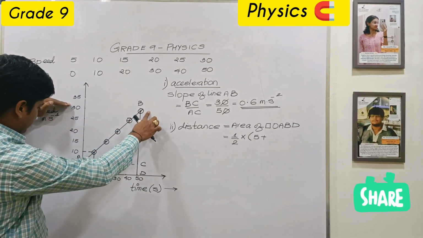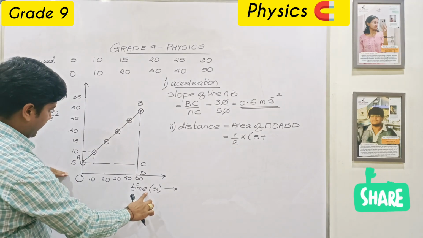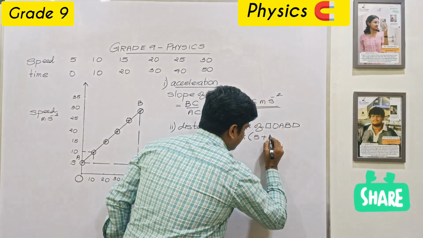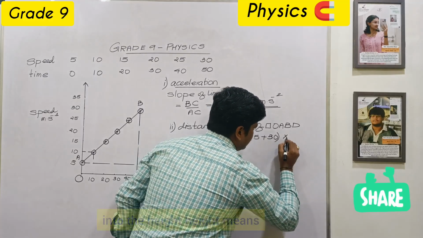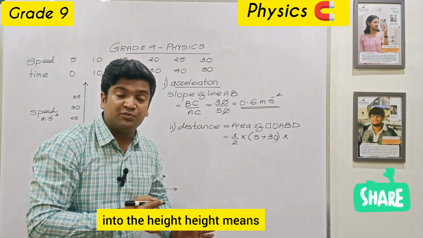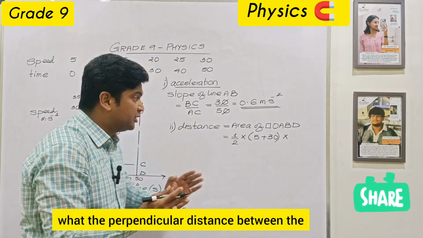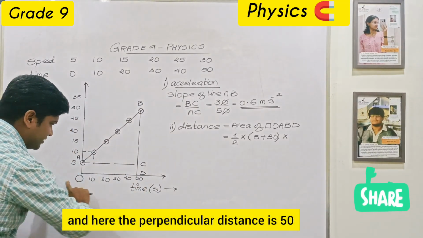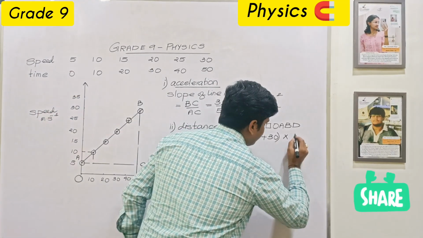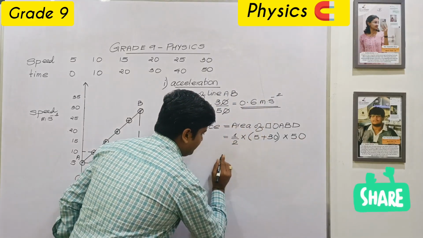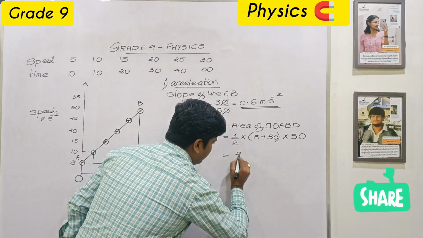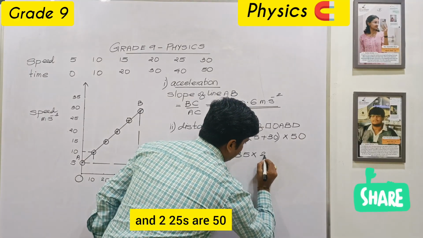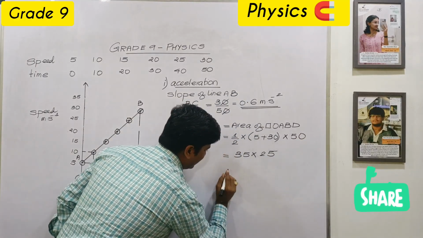From here till here, from 0 till B, it's 30. Into the height, which means the perpendicular distance between the two parallel sides, and that is 50. Now 30 plus 5 is 35, and half of 50 is 25. Correct, children?